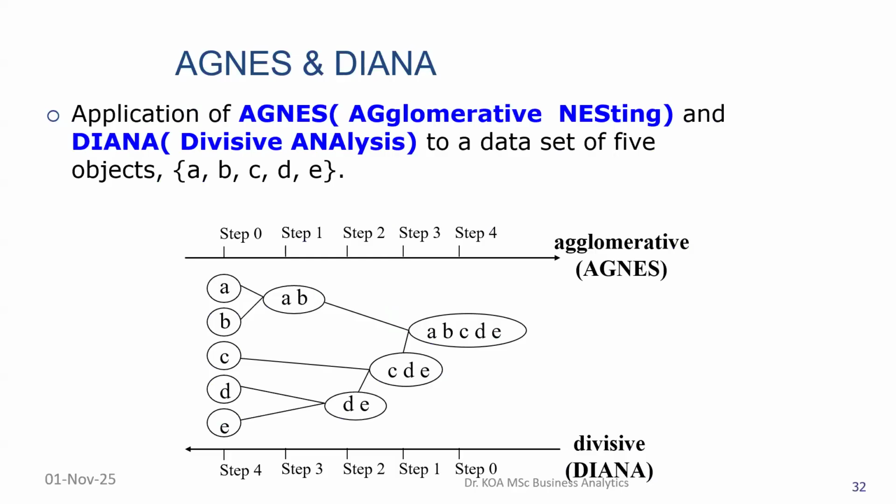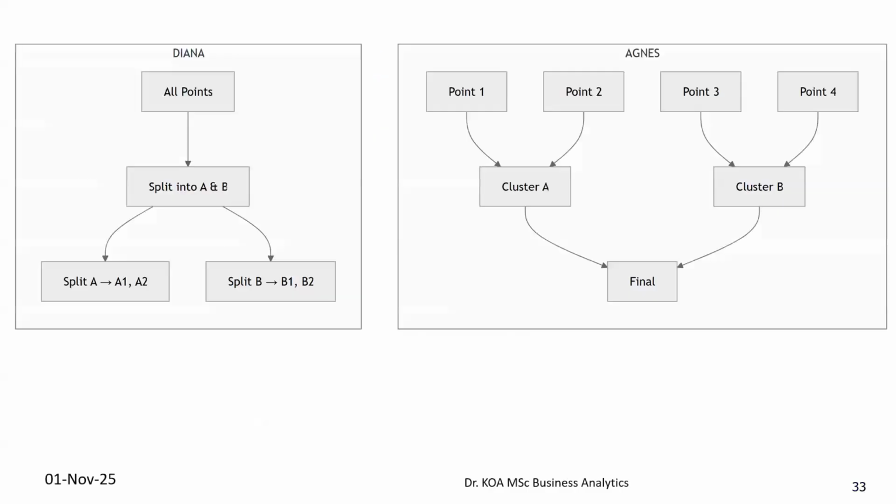The first approach, we have A, B up to E, and it's clustered step by step, and at step 4, we have ABCDE. The divisive analysis looks at it from the reverse side. So I want to know if the divisive analysis is a form of declustering, since it's more like breaking down the cluster into the various parts. Yes, it's a form of declustering. Okay. Very good.